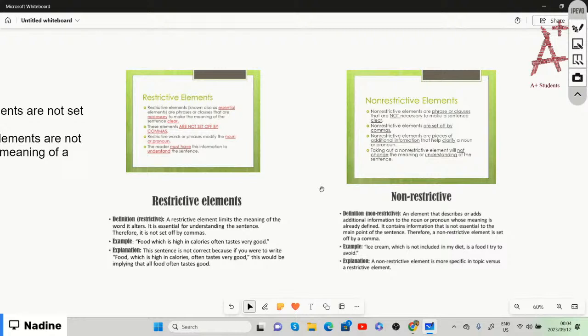So they are necessary to make the meaning of any sentence clear. They are not set off by any commas, so they don't need any commas or any form of punctuation in order to set them apart from the rest of the sentence. And restrictive words or phrases modify the noun or the pronoun, right?